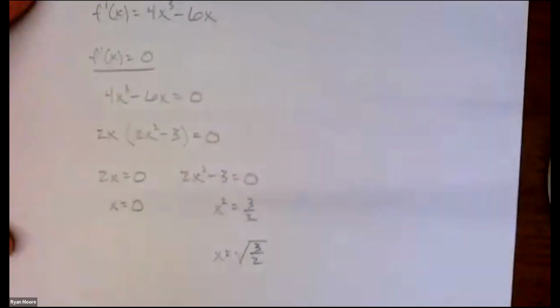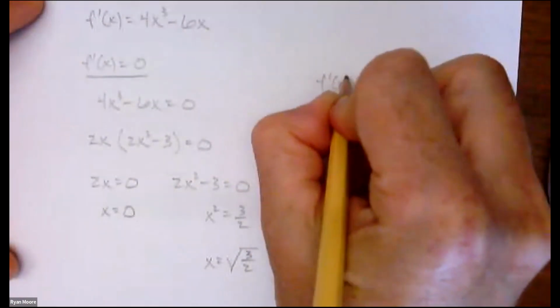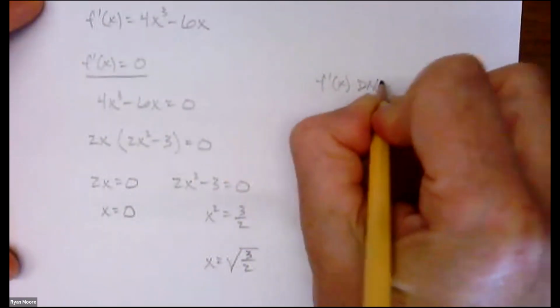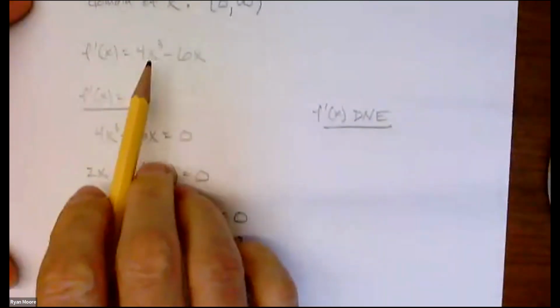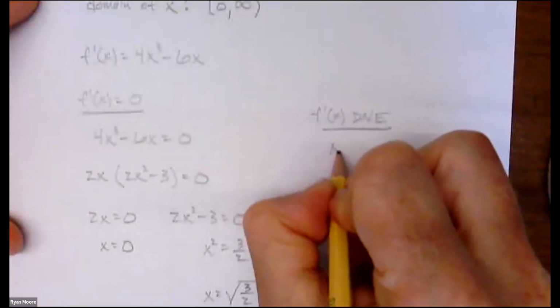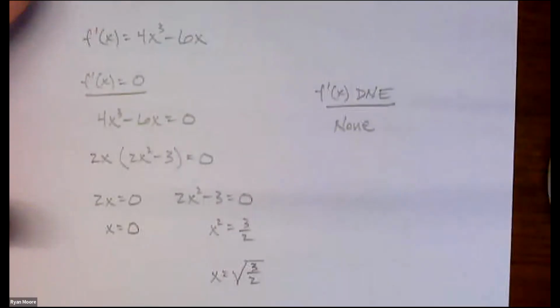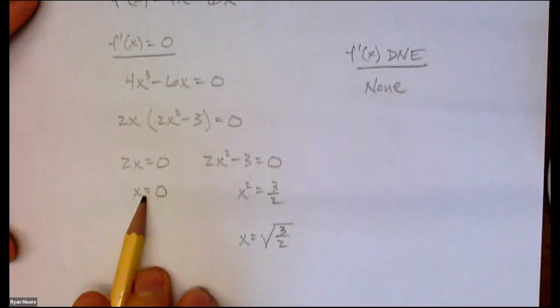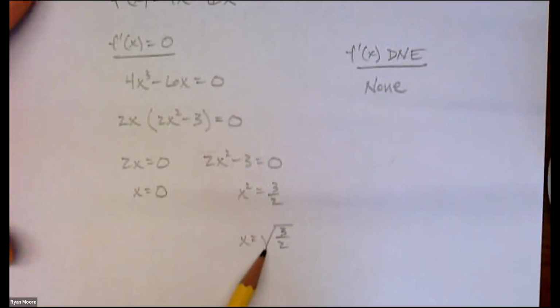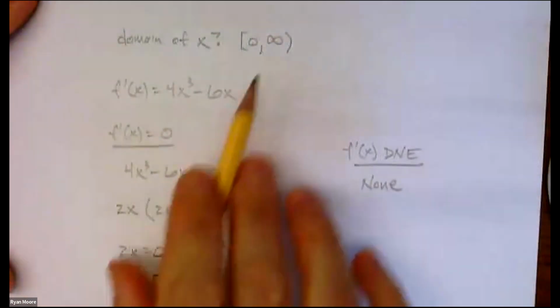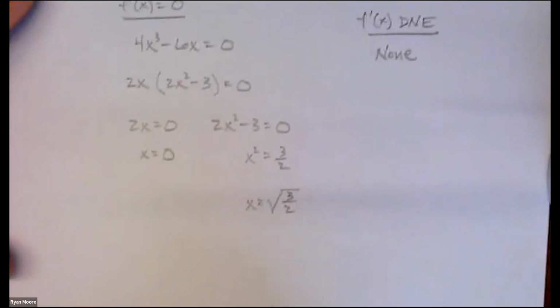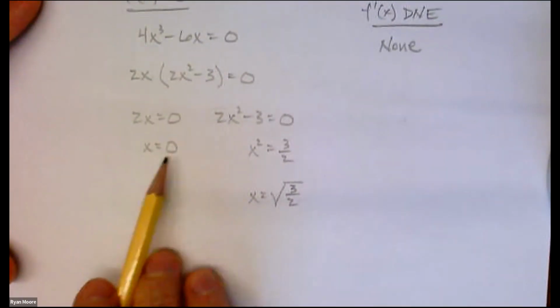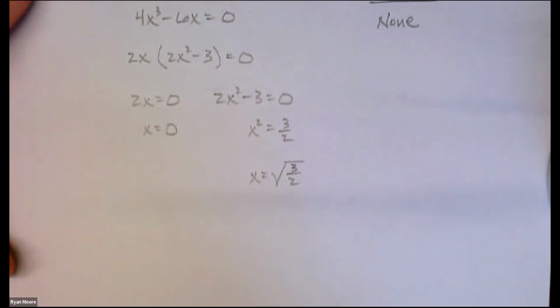So far, so good. Let's also check where the derivative is undefined. Well, for our f prime, we don't have any, none. All right, cool. We got our two criticals. We realize this one is on the edge of the interval, but okay, we got this other one as well.